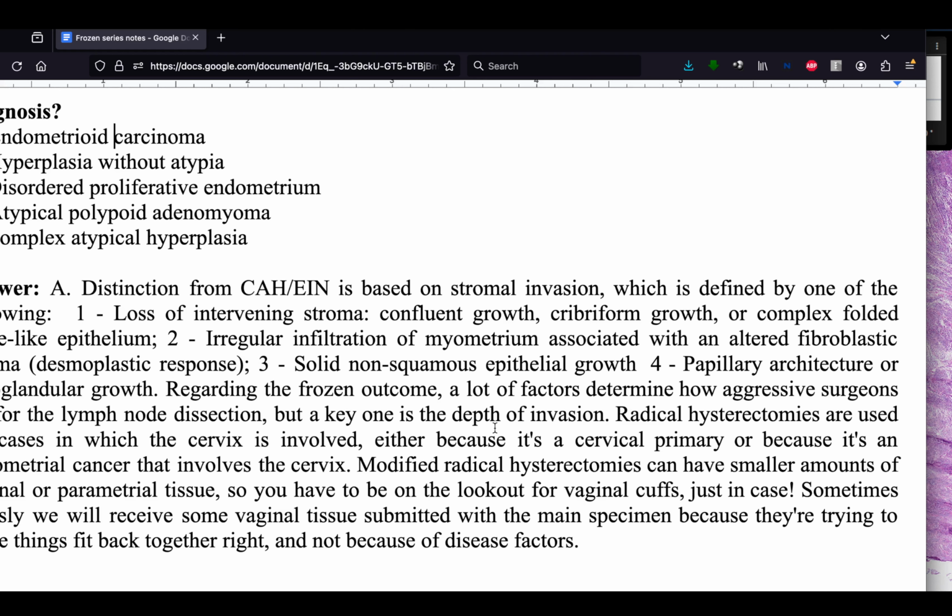And then there could be questions like radical hysterectomies. That's more used when the cervix is involved. So in our case, even if it was greater than 50%, they may not convert this to a radical hysterectomy. Actually, they probably won't. That's either because it's a cervical primary or because there's endometrial cancer that involves the cervix.